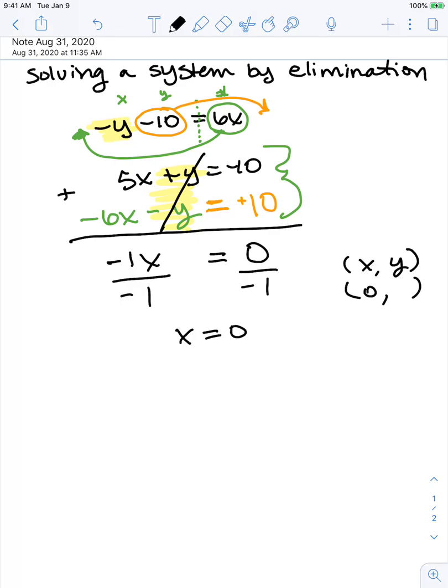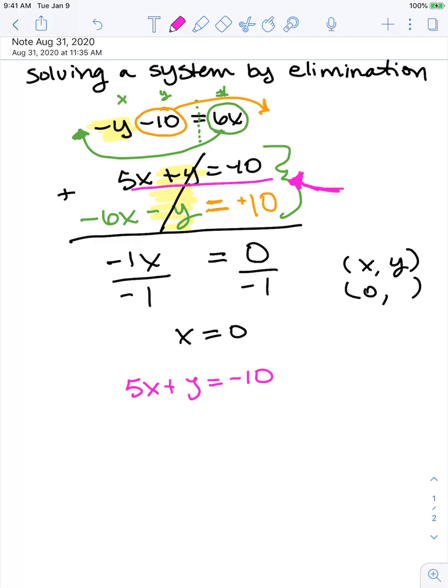We'll choose this one. This one looks a little smaller numbered. We'll choose this one up here. And I'll say 5x plus y equals negative 10.